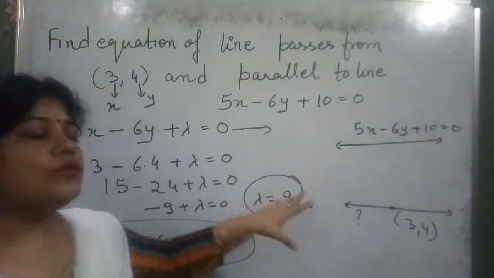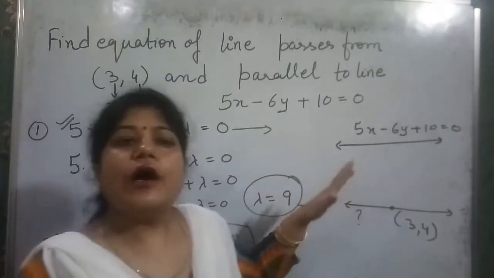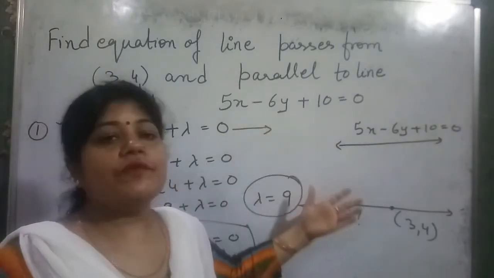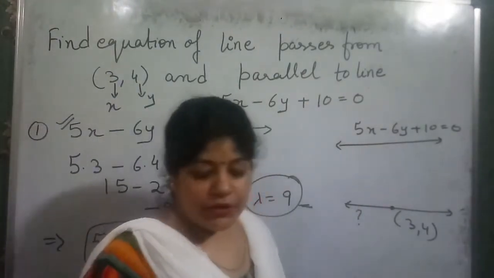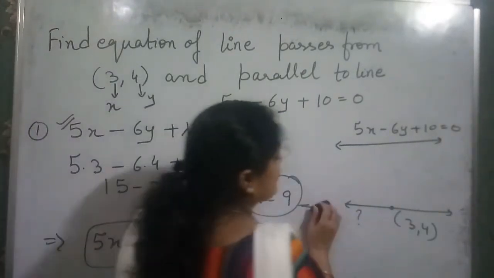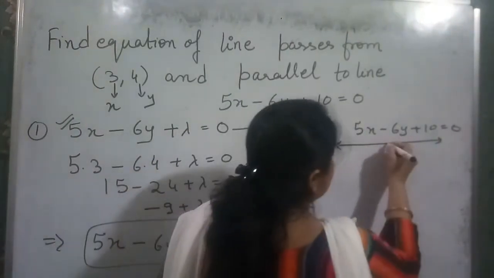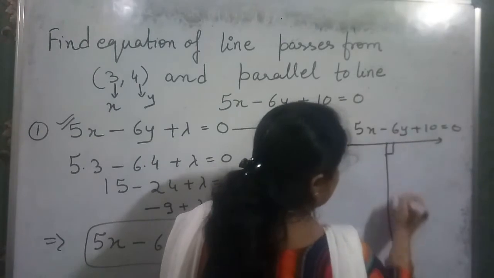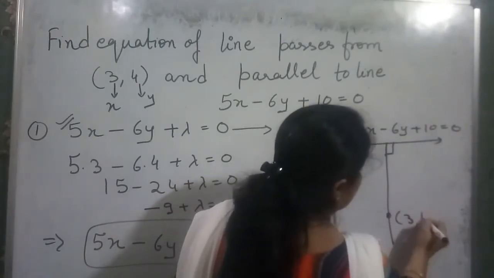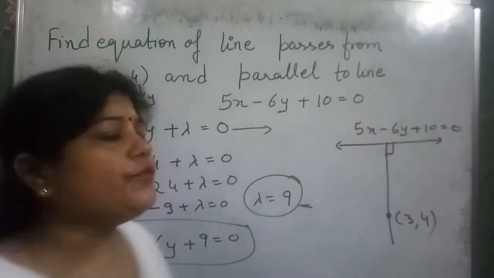Now I am going to explain how you will find the equation of a line which is perpendicular to this line. For example, the line is the same here and we have to find the equation of the line which is perpendicular to this line and passes through (3, 4). How will you do that?